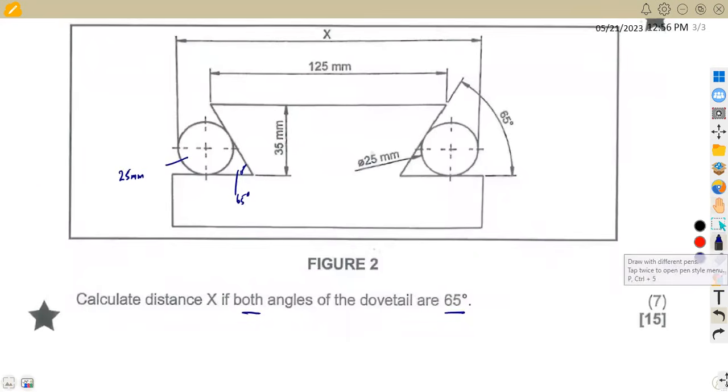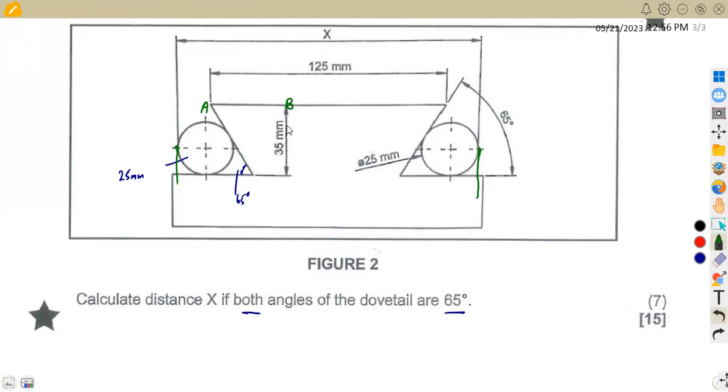Let's check what is making up this distance, from this x point here up to this point here. If you consider properly, let's say this is our point A. I'm going to mark this as A. And this is my point B.